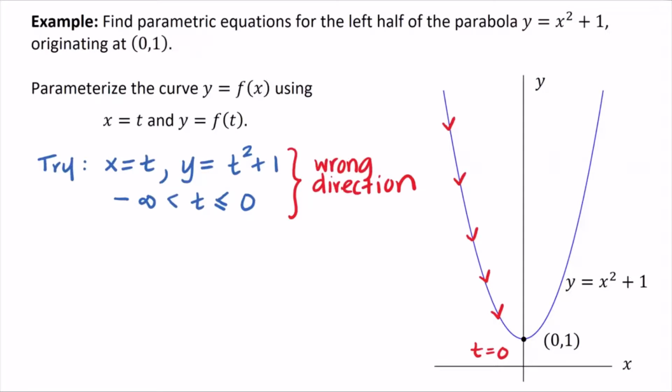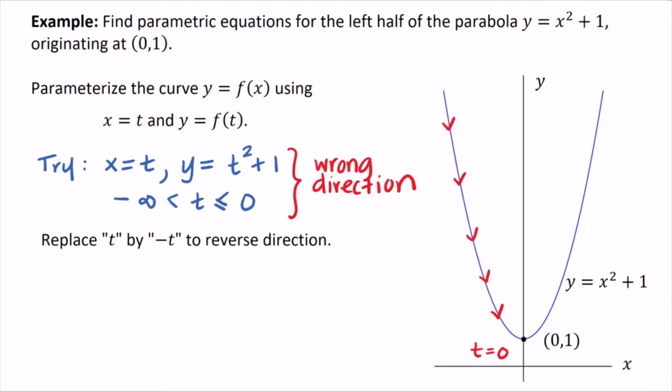In particular, as t increases, we trace the curve down and to the right, ending when t equals 0 at the point (0, 1). We wanted to originate at this point, however.